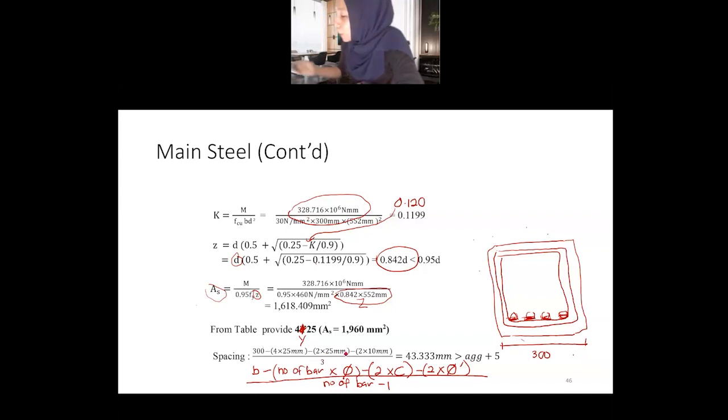Minus lagi dengan 2 darab 25. 2 darab 25 ni adalah 2, maksudnya kanan dan kiri punya concrete cover hilang. Okay, length, dia punya width dia hilang. Okay. Okay, and then minus lagi dengan 2 darab 10. So 2 darab 10 ni adalah link, diameter link. So diameter link 10 mm kat sini. Hilang.